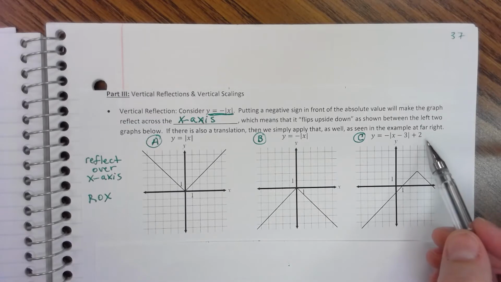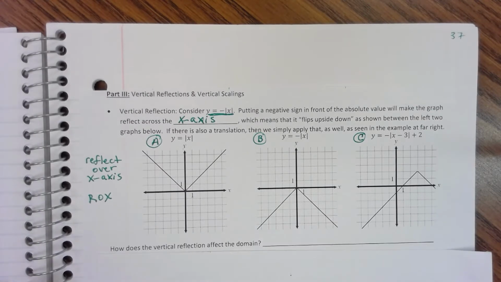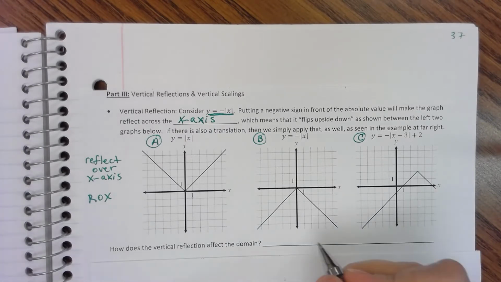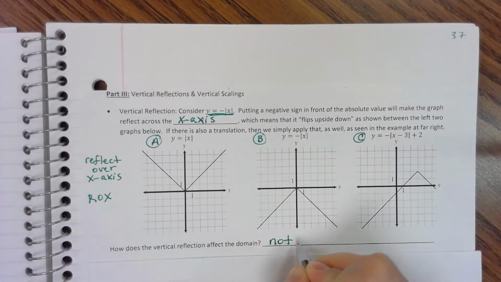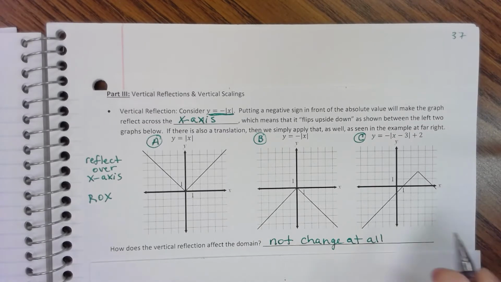And so from here, we have a couple of questions we need to ask ourselves. Does this reflection affect the domain? It's just moving it from the top to the bottom. So there is no change at all in the domain.